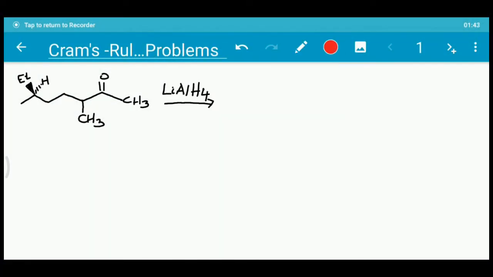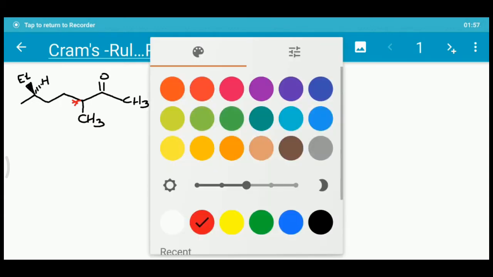So I have my starting material. The reaction is I'm using lithium aluminum hydride for the reduction of the carbonyl group. I'm having a chiral center over here.